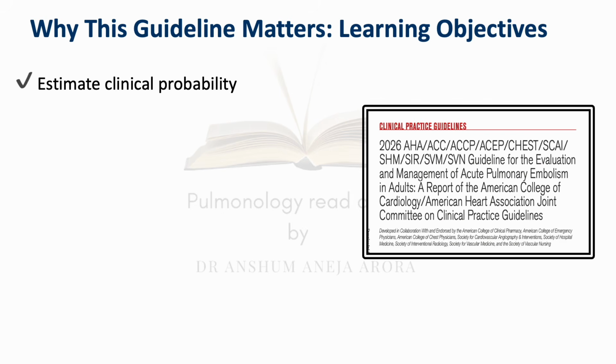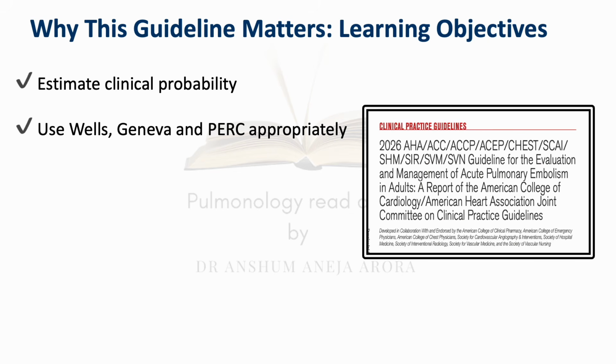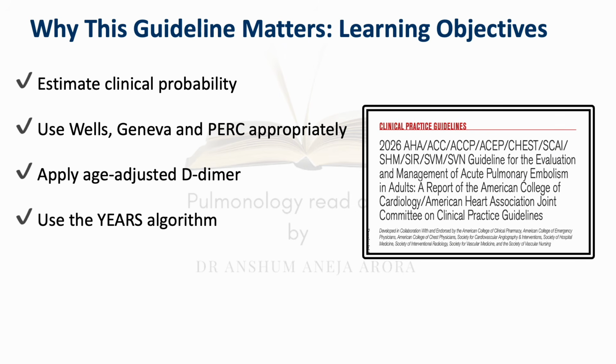It gives us the importance of estimating a clinical probability before going ahead and doing a particular investigation. It helps us understand a better use of the various probability scores that exist. It helps us apply D-dimer much better than previous times, and it helps us use neural algorithms like the EARS algorithm to estimate our next step.